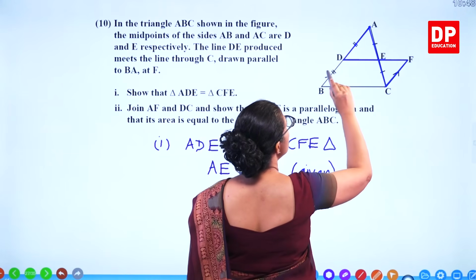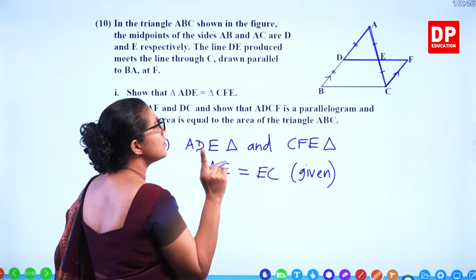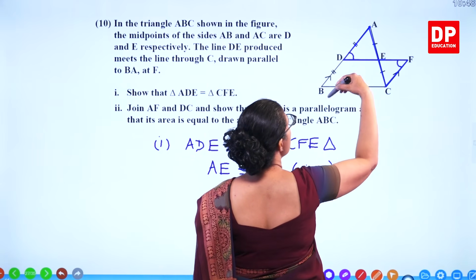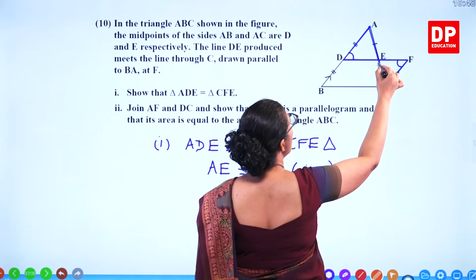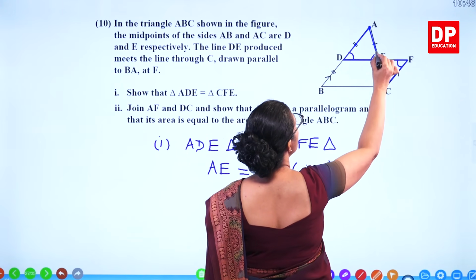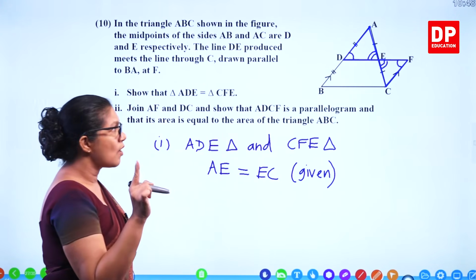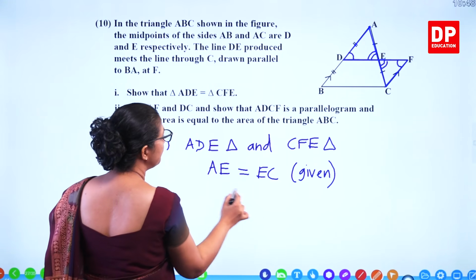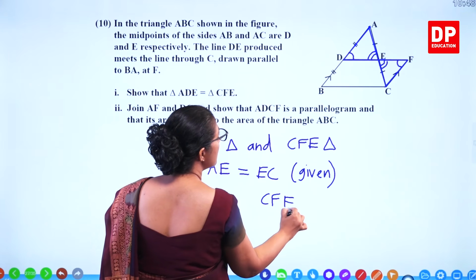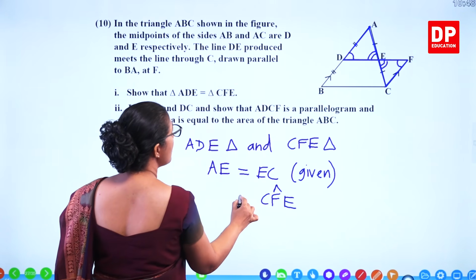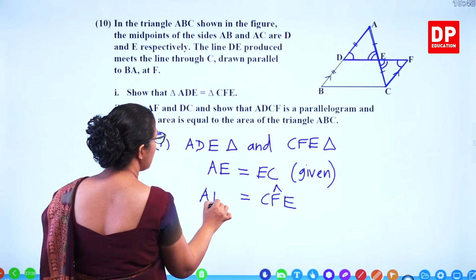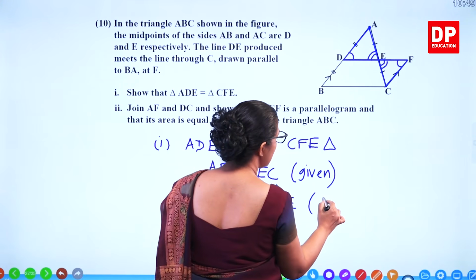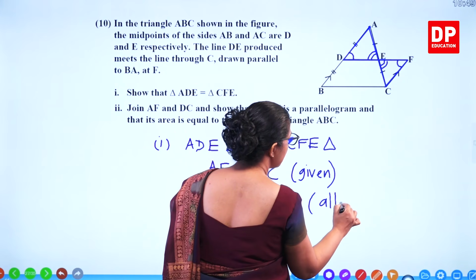And can you see these two lines are parallel? So that means this angle is equal to this angle, and when you take the other way around, you can equate this angle to this angle. That's opposite angles. So first we'll write angle CFE is equal to angle ADE. That's alternate angles.